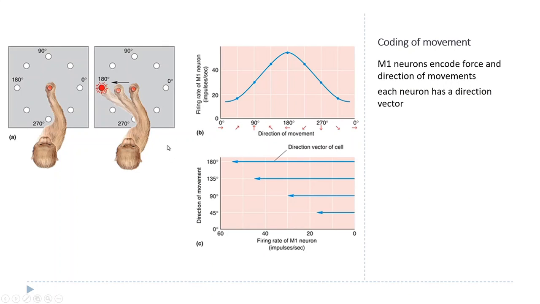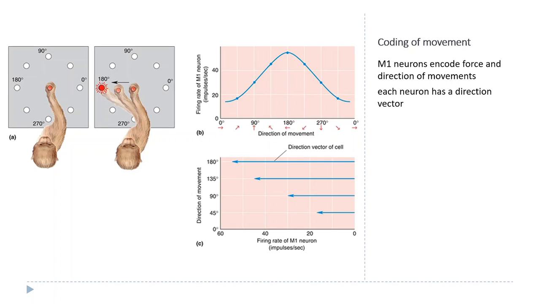Now, again, how the motor cortex actually encodes movement or sends specific movement commands to the spinal cord is not entirely understood and is probably very complicated. It's not the case that individual parts of motor cortex send commands to individual muscles. So that's one possible way the motor cortex could be organized.